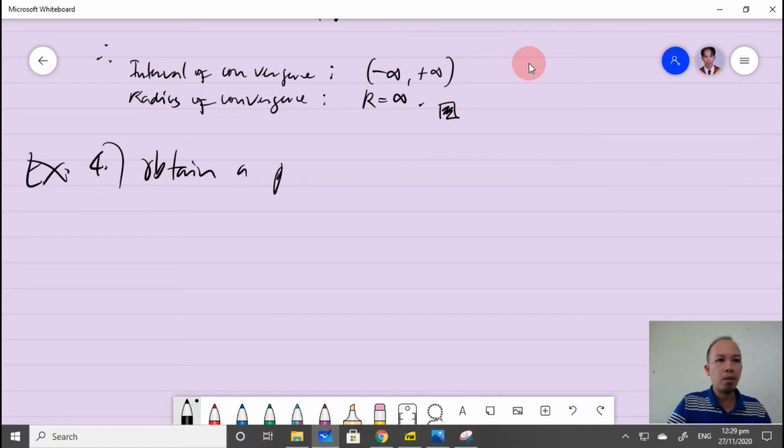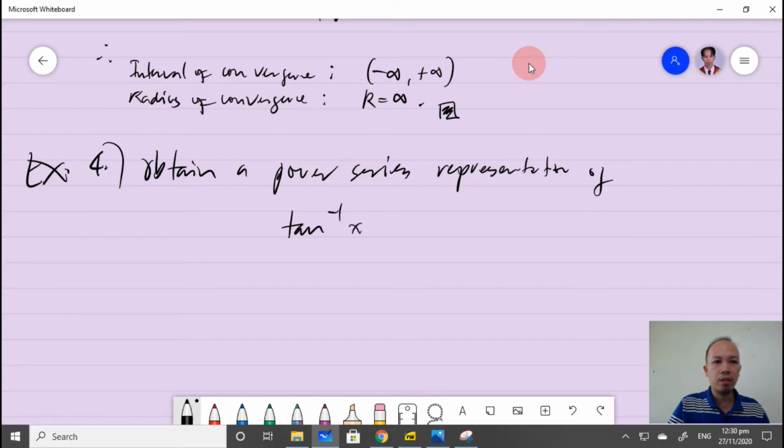Obtain a power series representation of tangent inverse x. So just pause for a moment and then analyze.